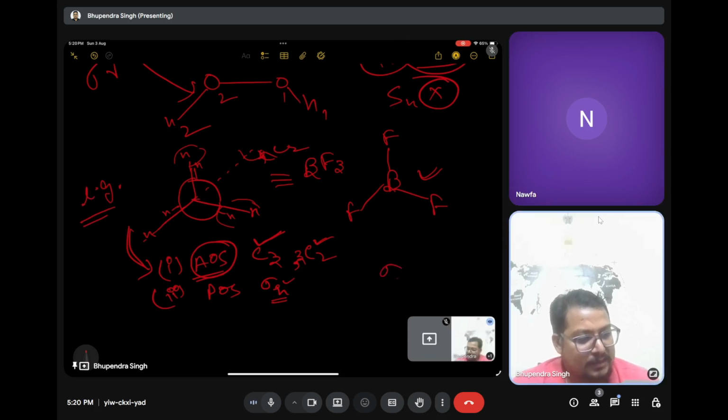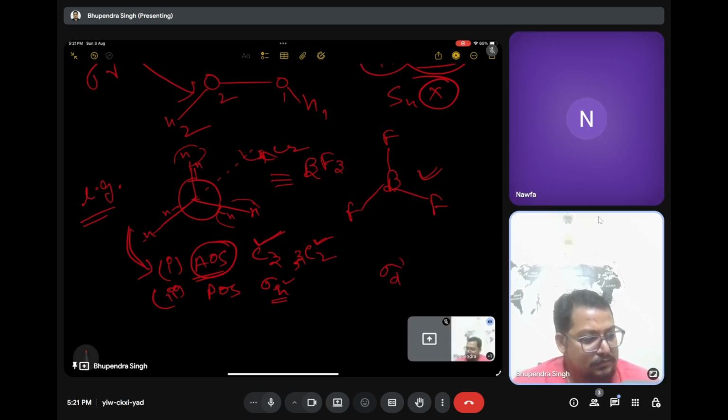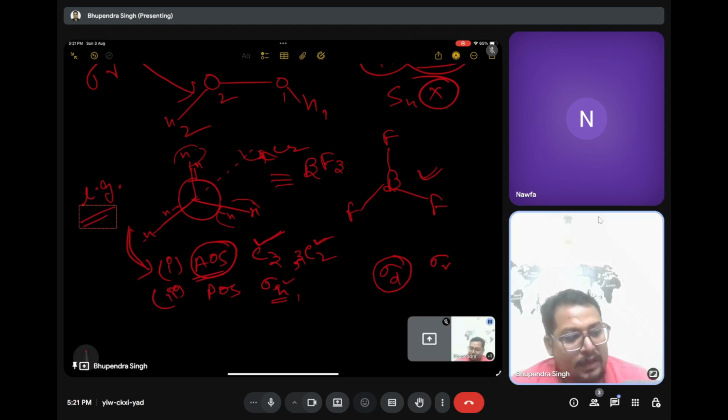Means you are saying about sigma D. But before reaching this sigma D, you have to find out one other thing also, which is sigma V. I've told you, if you remember or not, if you want to find out, let's say multiple planes of symmetry are present, then how can you find out which one is sigma D, which one is sigma S, which one is sigma V?